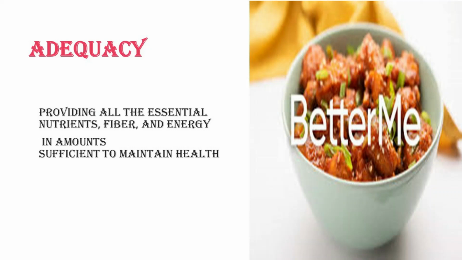You need to pay attention to adequacy when you create a diet plan. This principle of diet planning validates that you are getting all your nutrients and in the right amounts. It will advocate for carbohydrates, healthy fats, fibers, water, proteins, vitamins, and minerals.